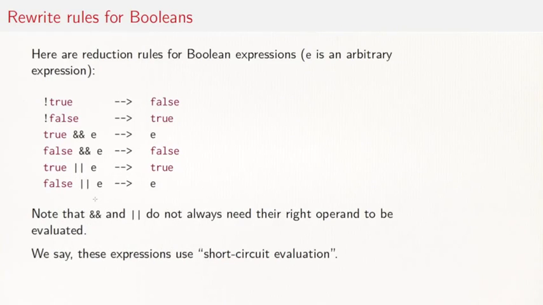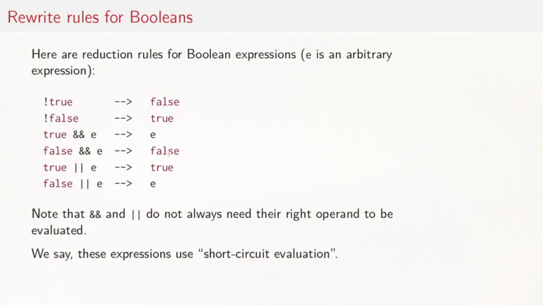What's interesting about that is that and or don't always need their right operand, that's the e here, to be evaluated. Whenever you write e in a sense, you can just pass the arbitrary expression. And here, for instance, with the false and e reducing to false, you would have that always without even looking inside the expression e.